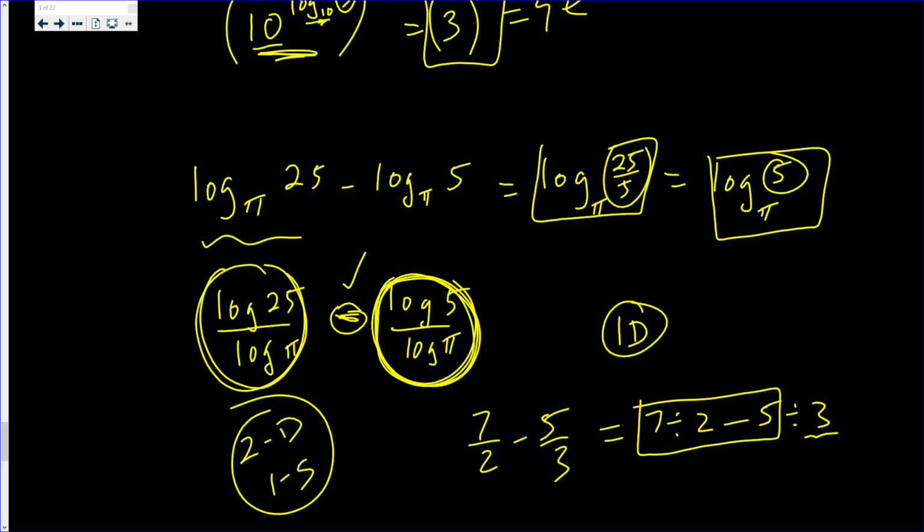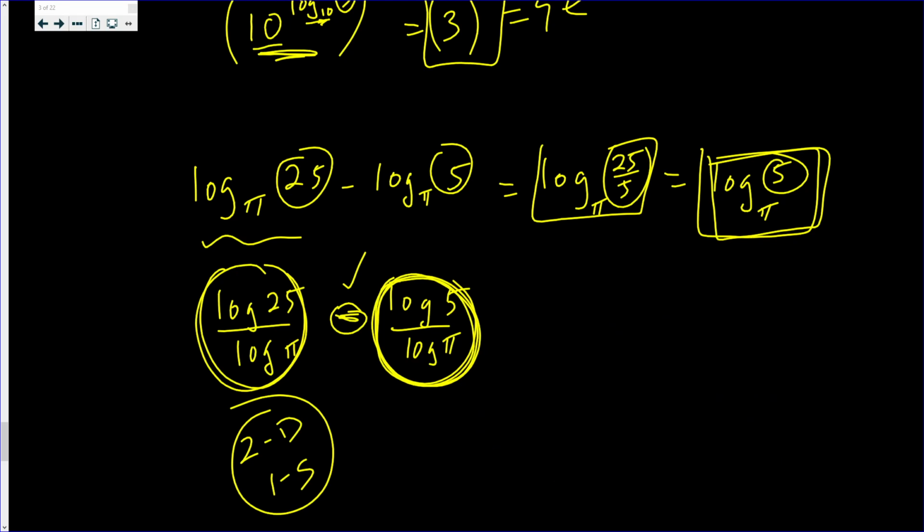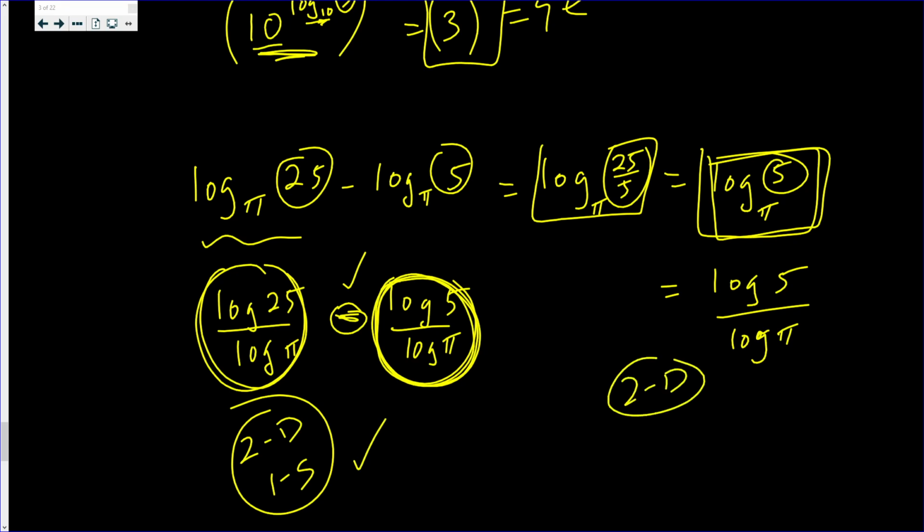I wouldn't subtract the divisions. It's much easier to say 25 over 5 is 5. Boom. Oh, so I guess you do have one more division. I apologize. This is equal to log 5 over log pi. So you have 2 divisions. You did save a subtraction. Why do you have 2 divisions? Because you can't calculate this in your calculator. But you can certainly calculate that.